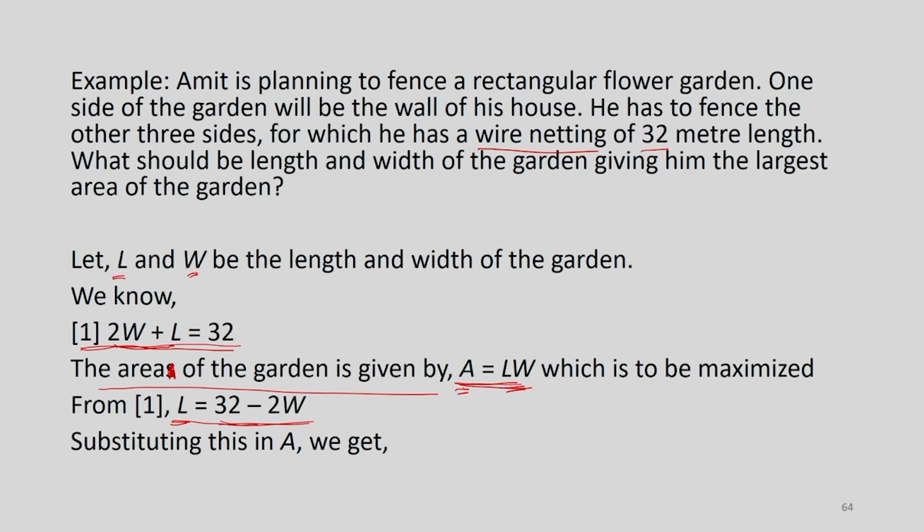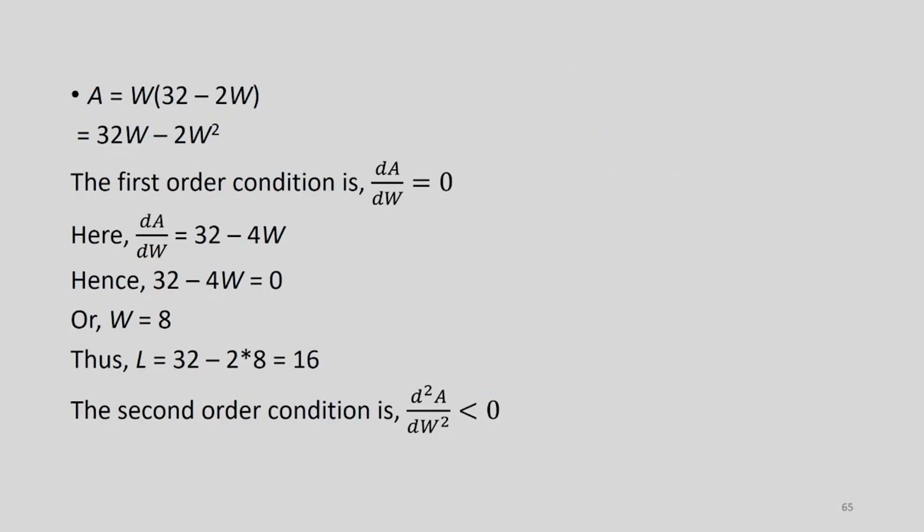We substitute L from this relation into the area function. So, substituting this into A, we get A is equal to W multiplied by 32 minus 2W. Basically, instead of L, I have written 32 minus 2W. That equals 32W minus 2W square.